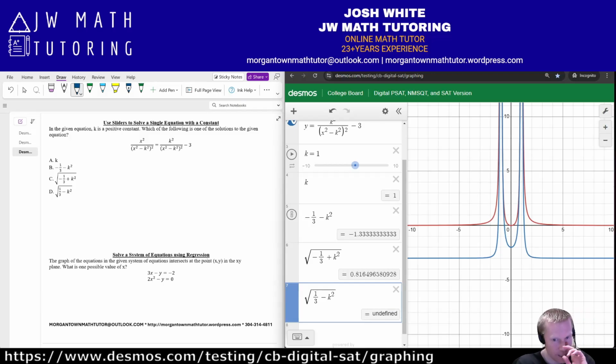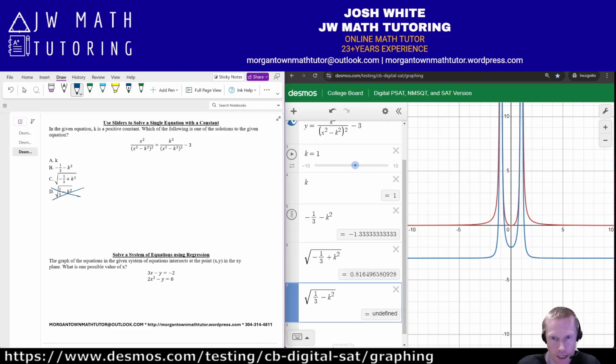Notice D comes back undefined, so we can automatically cross that one out. That one's never going to give you, at least for choosing k equals 1, which meets the conditions of a positive constant, a positive number under the radical. So therefore we automatically know this is wrong. So we're down to A, B, and C.